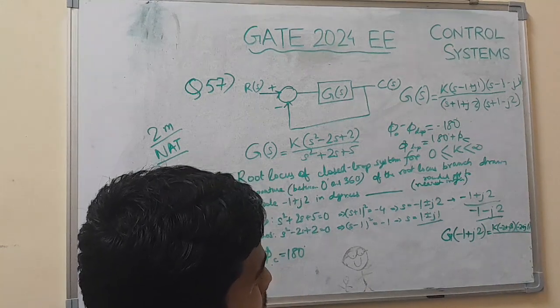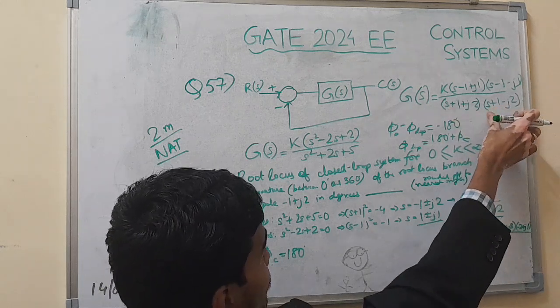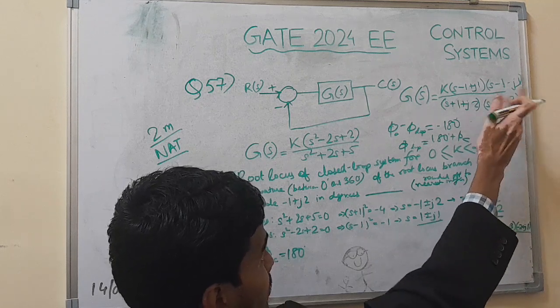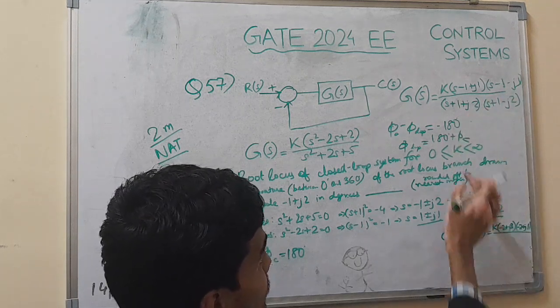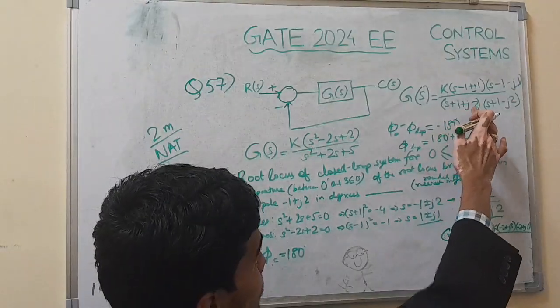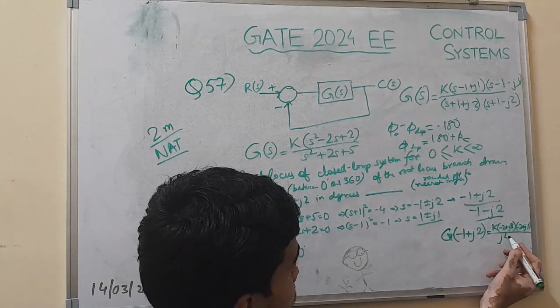And to remove this, this one is the same as -1 plus j2, so you are not considering this. You put -1 plus j2 in the remaining factor, and you get -1 plus j2 plus 1 plus j2. The -1 plus 1 gets cancelled and you are left with j4.